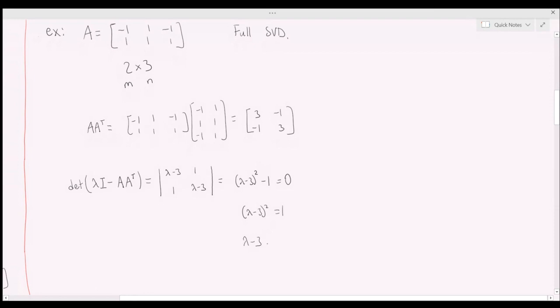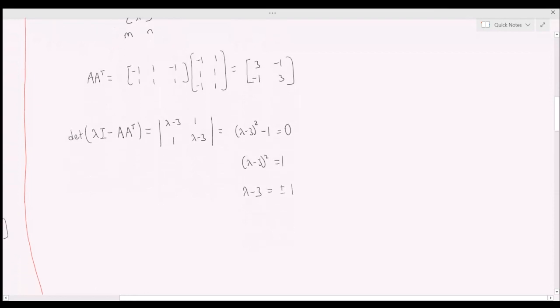Square rooting gives me lambda minus 3 could be plus or minus 1, leaving me with lambda could be 3 plus 1, so it could be 4, or negative 1 plus 3, so it could also be 2, okay?